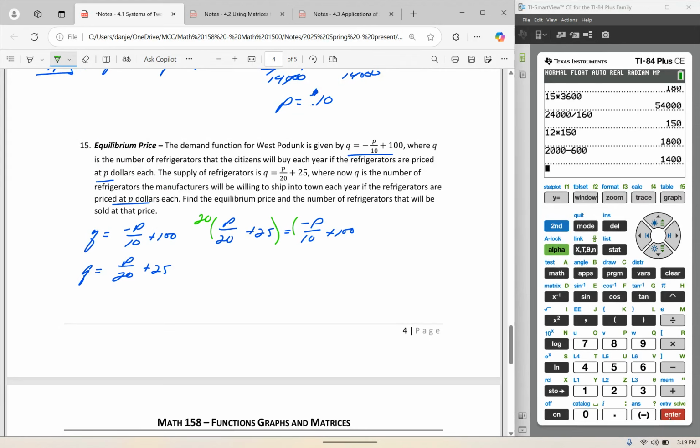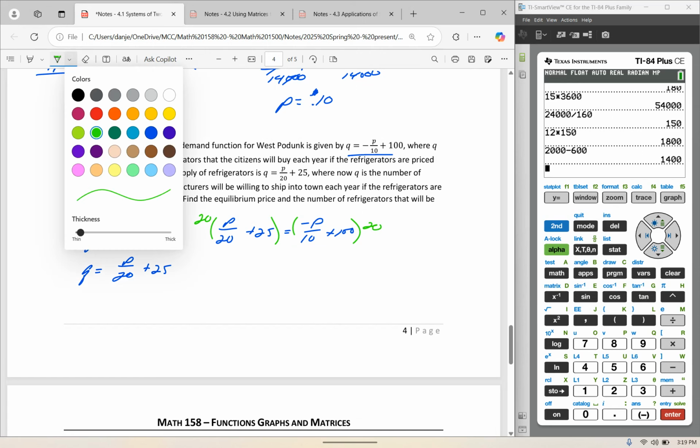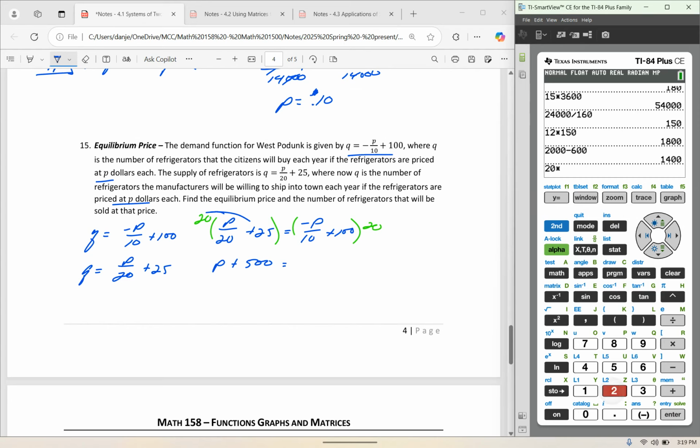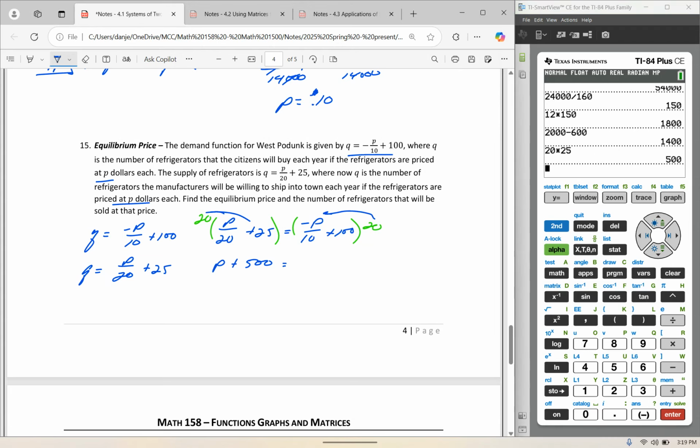Simply multiply both sides by 20. 20 times P over 20 is just P. 20 times 25 is 500, right? 20 times negative P over 10 is a negative 2P. 20 times 100 is, no, it's not, it's 2,000.